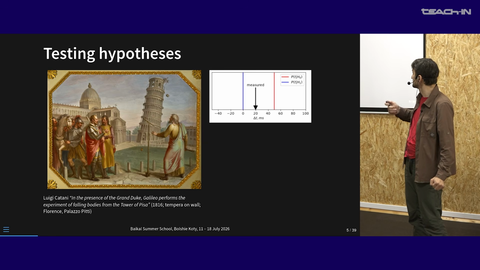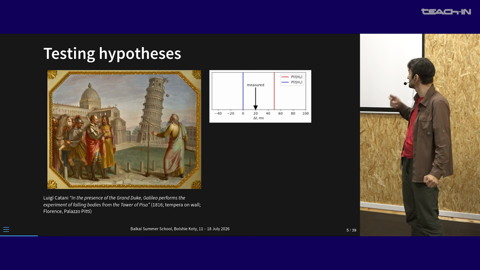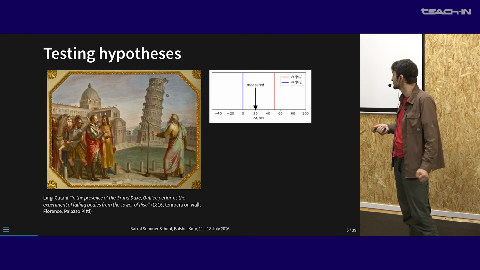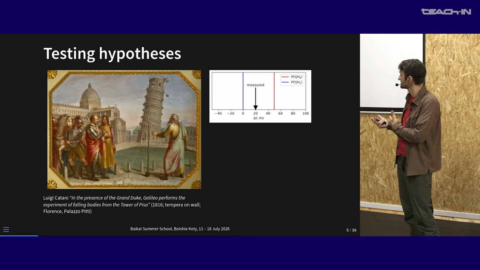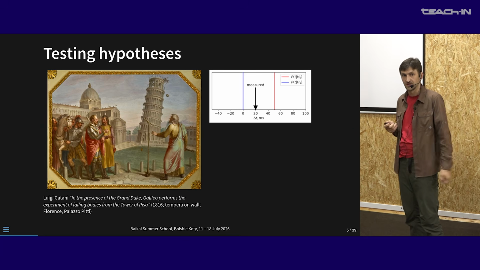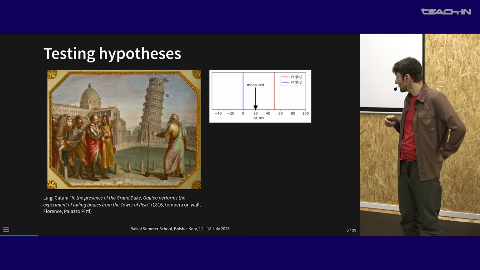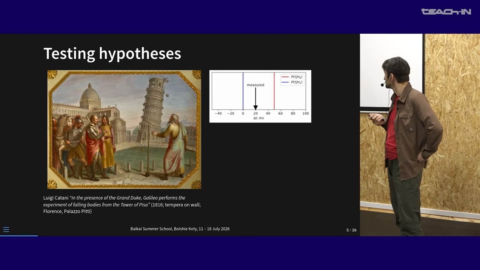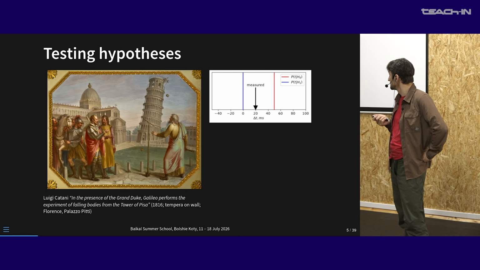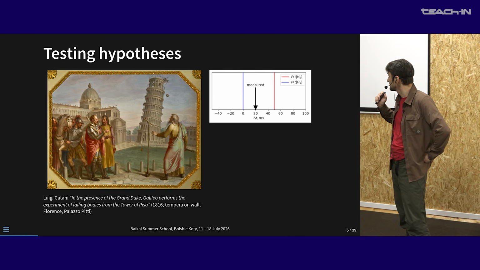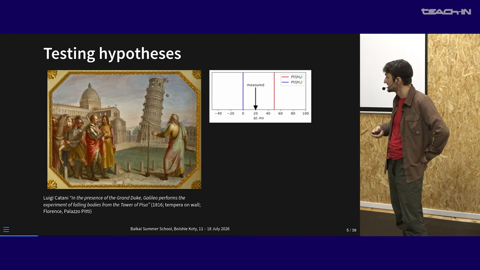So the measured value is not here and not here. Of course, because the real world is a little bit more complicated, there are a lot of sources of systematic uncertainties. The height of the tower is not known precisely.